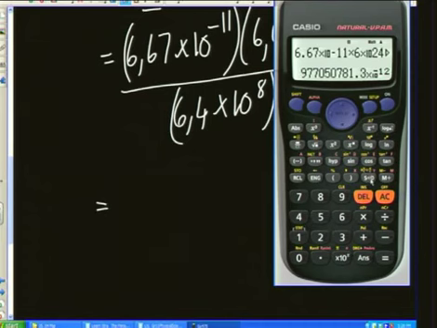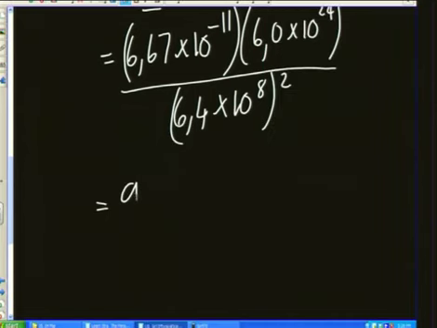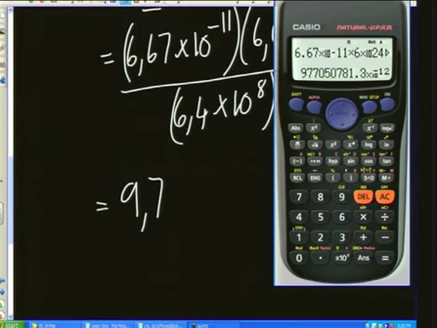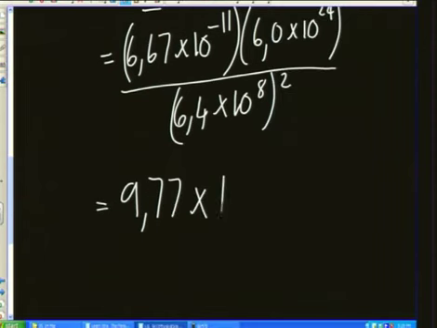So I'm going to say that this is 9,77, 2 decimal places, times 10.